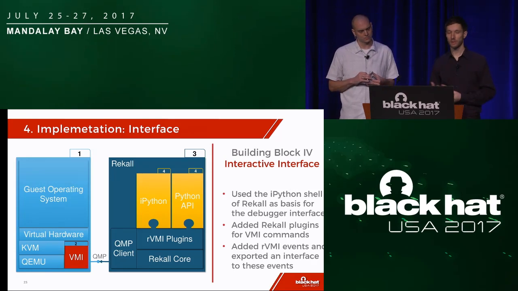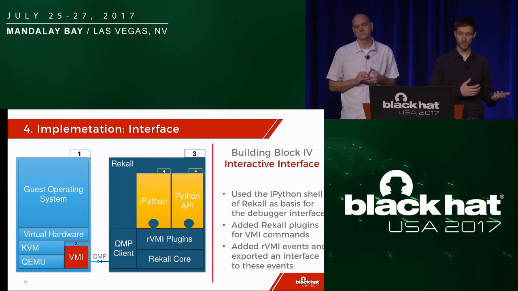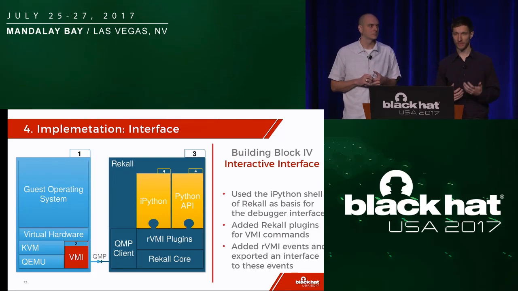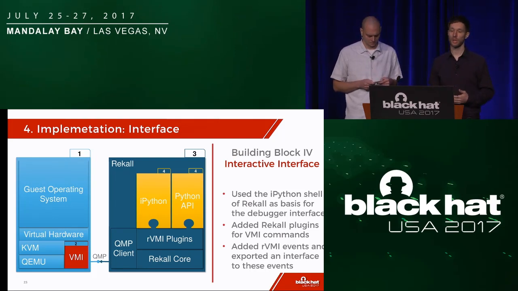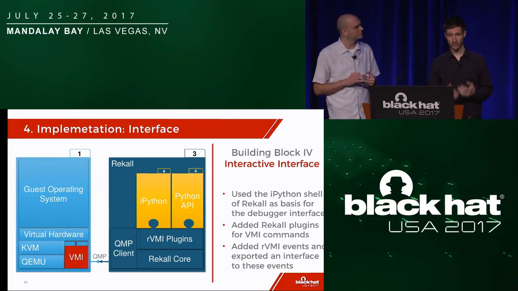And we decided to extend the shell with VMI commands to make the VMI functionality and the Rekall functionality available through a single interface. So essentially, we implemented Rekall plugins for all the VMI commands that we support and made these available through the IPython shell, and also created a Python API that would allow scripting and using these commands within scripts. In addition, we added VMI events.